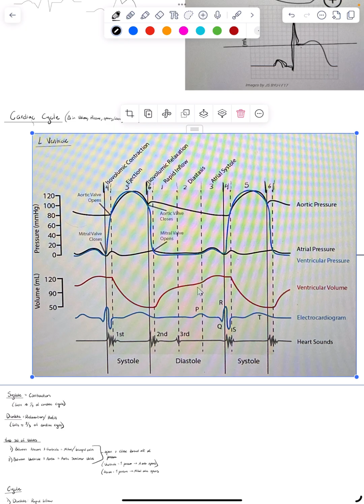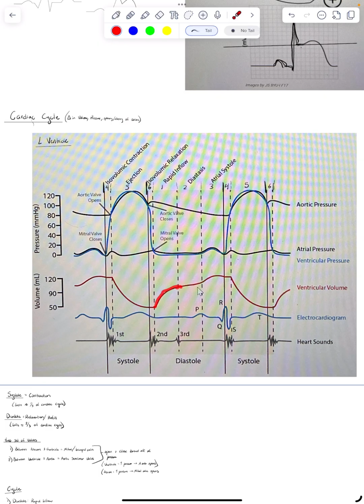The mitral valve is the valve between the left atrium and the left ventricle, which means blood is going to go in. So we see volume increasing here. I'm going to switch back to this. We see blood volume increasing. We don't see a change in pressure, but we see blood increasing.